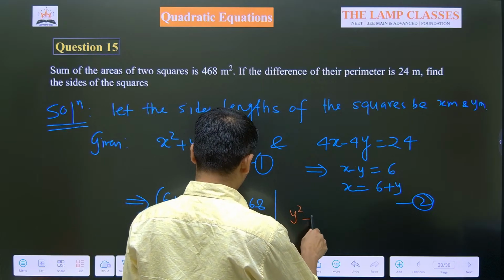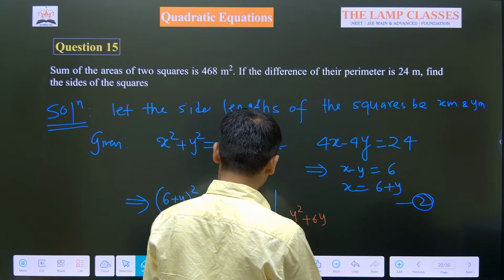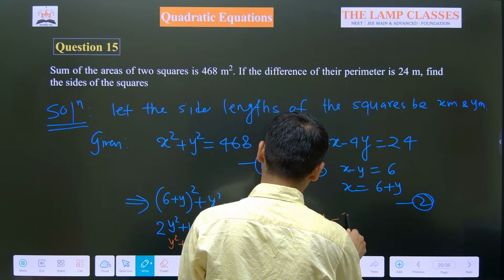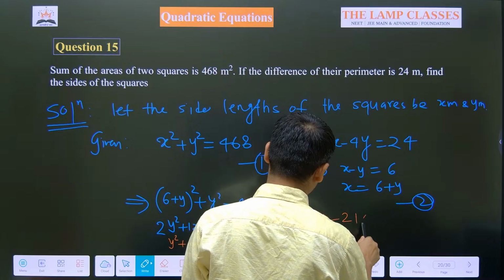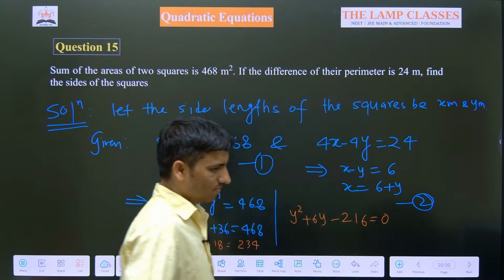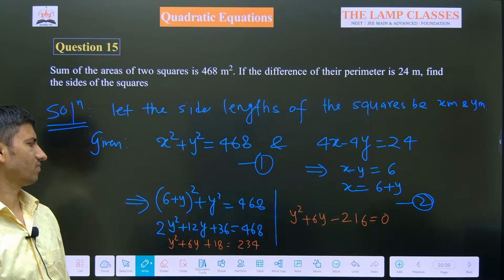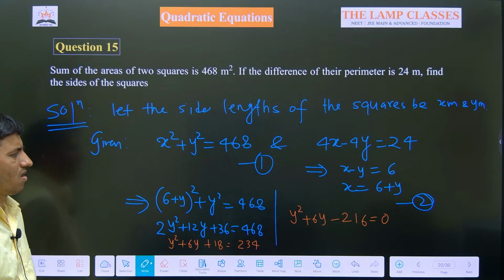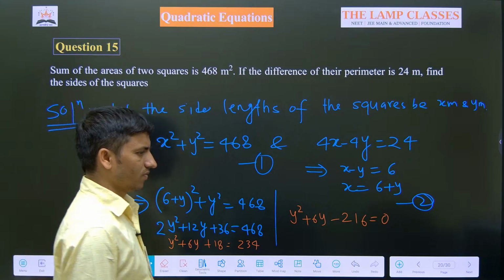Y square plus 6y minus 216. Please check if it's right. Oh, that's good. So many of you have already got it, no?